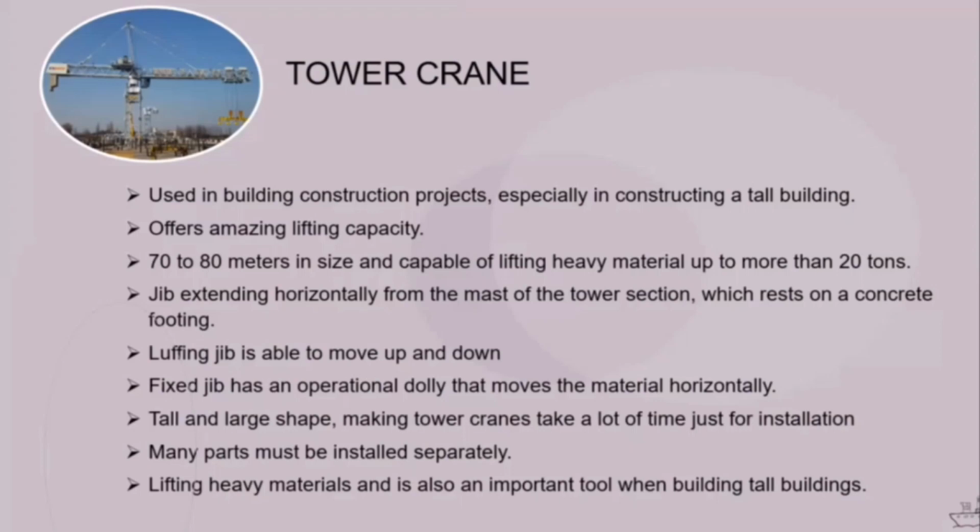Not only that, the tower crane is so tall and large that it takes a lot of time just for installation. Many parts must be installed separately. However, this tower crane is capable of lifting heavy material and it's also an important tool when building tall buildings.